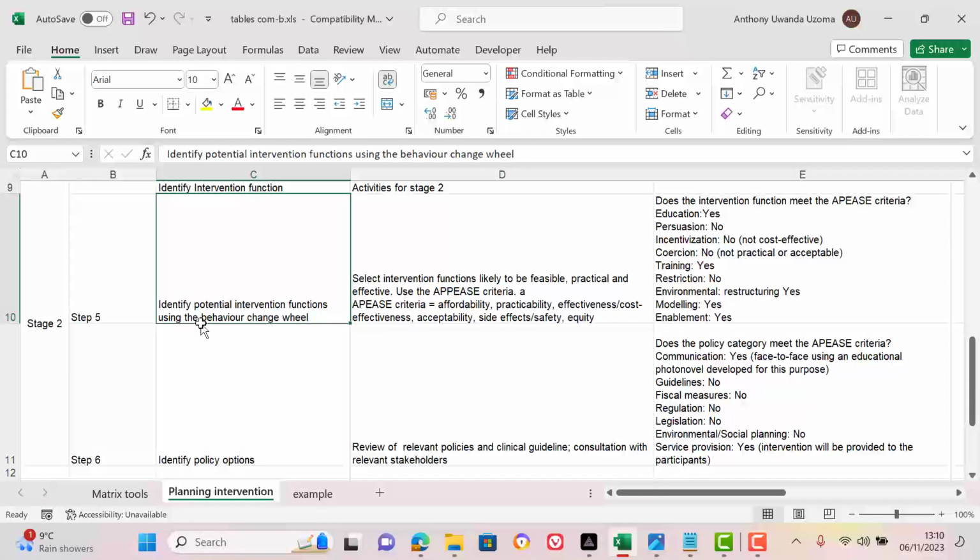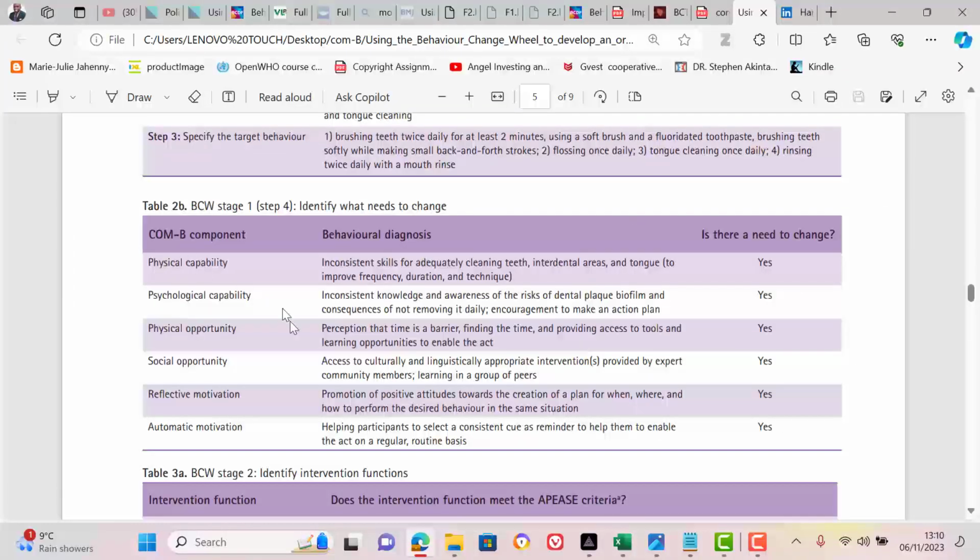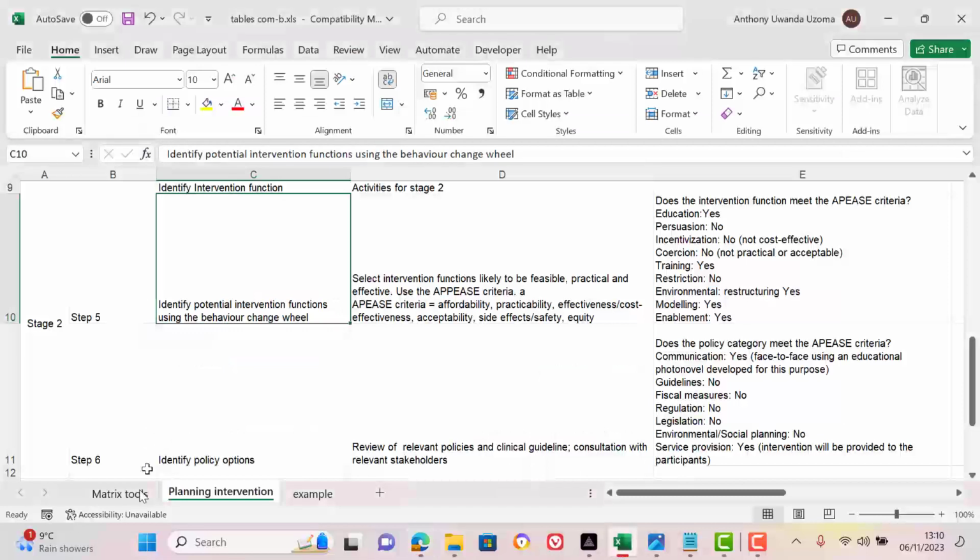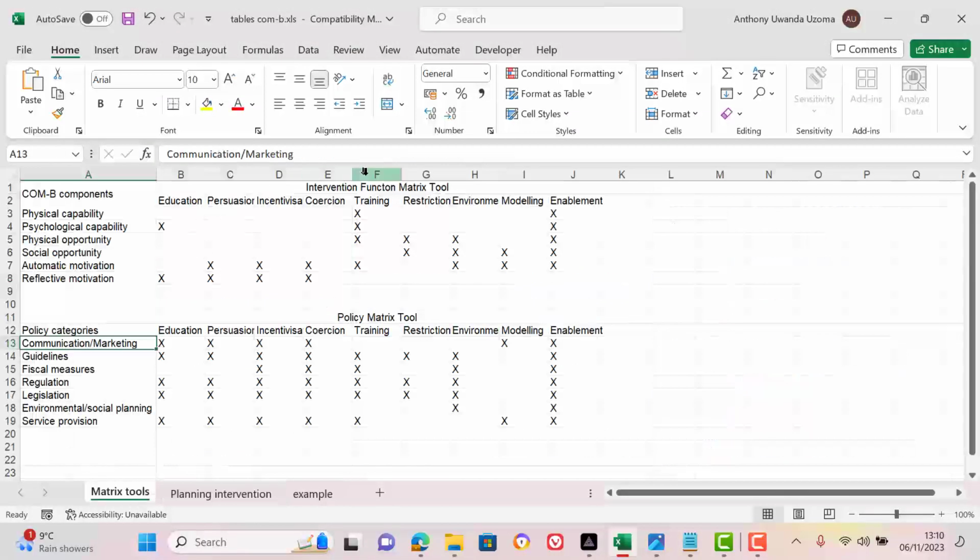You now identify the potential intervention functions using the behavior change wheel. Now that we have identified that all these need to change, we need to map them into the relevant intervention function. We have what we call the intervention function matrix tool.